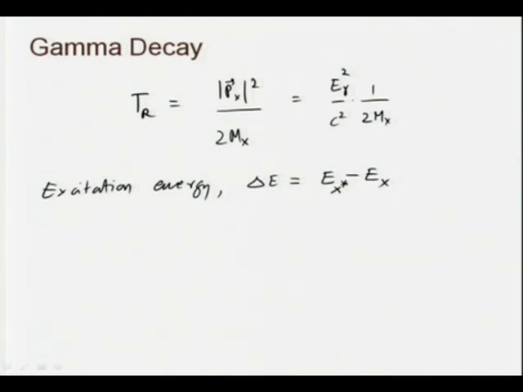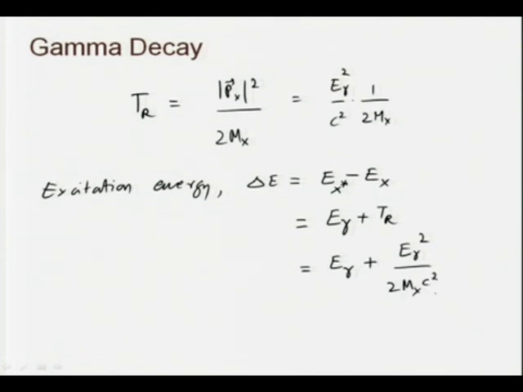Energy conservation will tell you that this is nothing but the energy of the photon plus the recoil kinetic energy of the daughter nucleus. Because T r is now written in terms of E gamma square over twice m x c square, we can write delta E as E gamma plus E gamma square over twice m x c square.